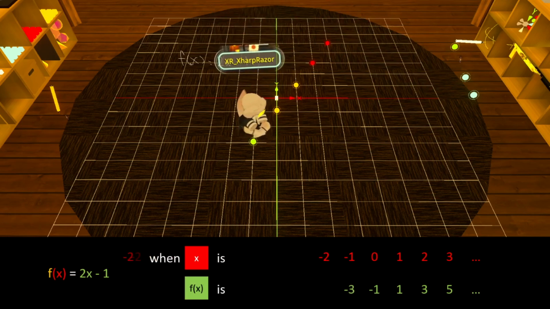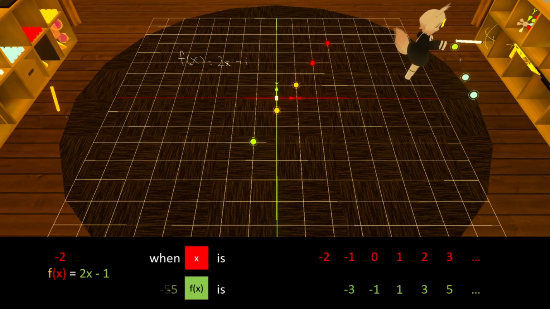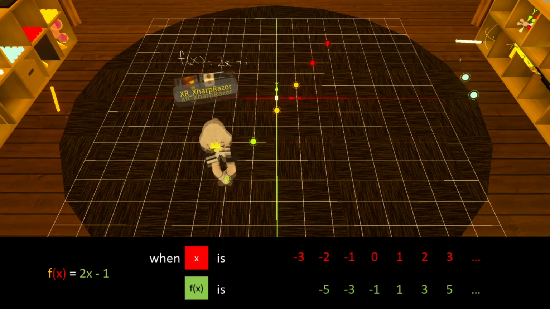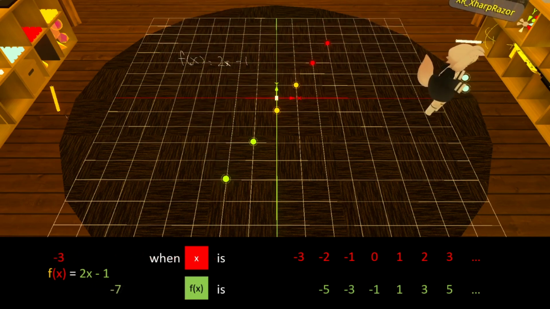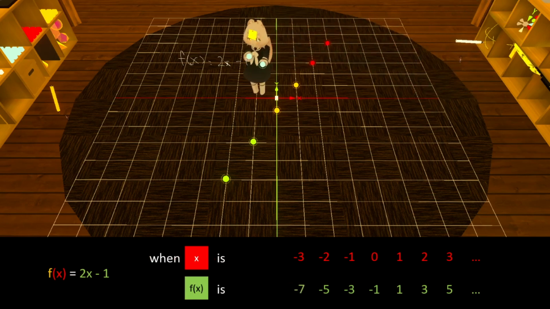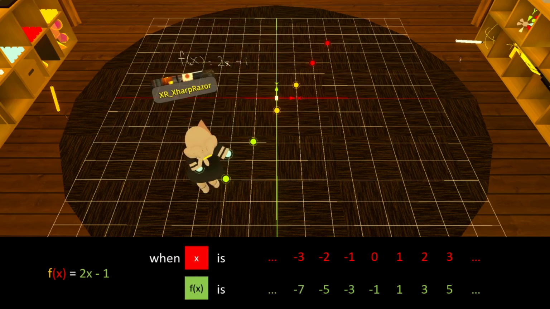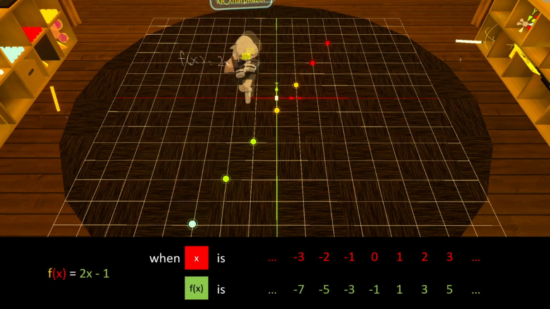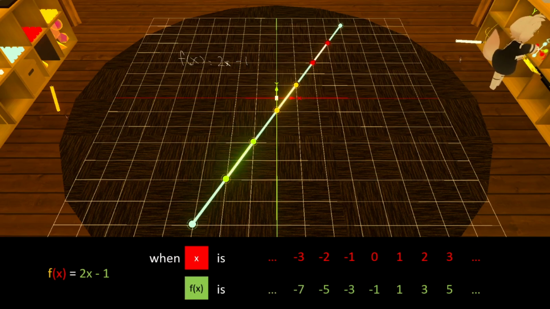And then with enough points, we can see that if a function looks like this, some number times x plus or minus some number, when it is plotted on a Cartesian plane with enough points, you might realize that this is actually a straight line.